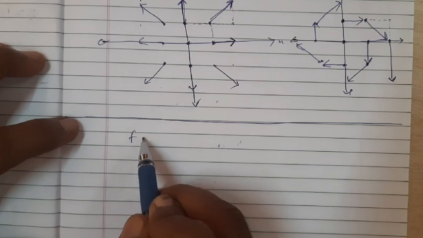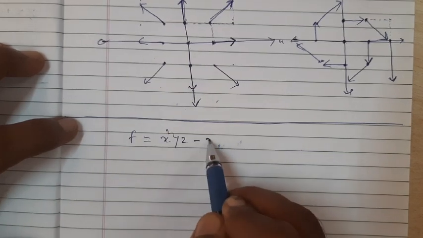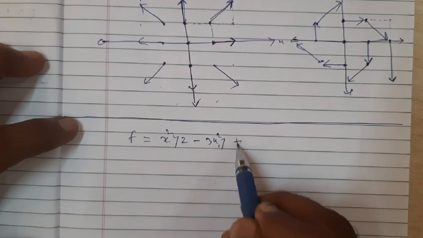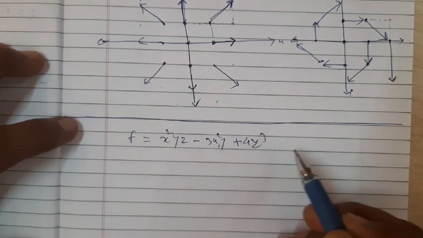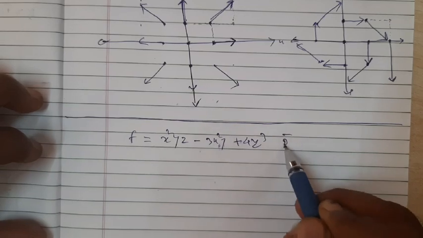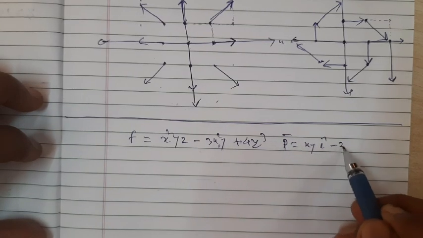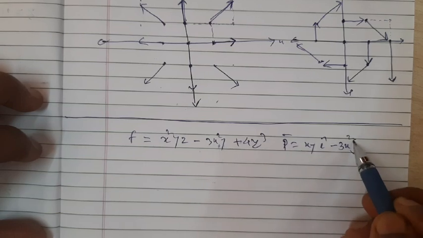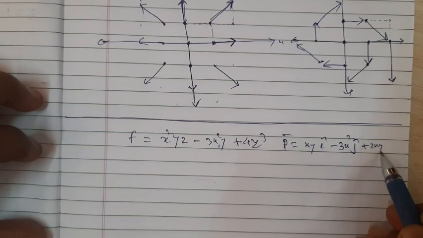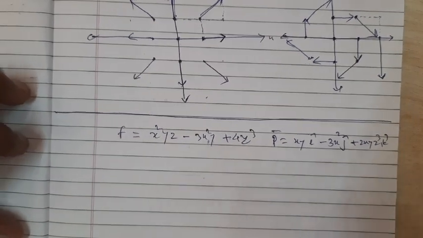For example, you may write f is equal to x square yz minus 3x square y plus 4z cube. We may write a certain vector function as p bar is equal to xy i cap minus 3x square j cap plus 2xy z cube k cap. This is a random function.